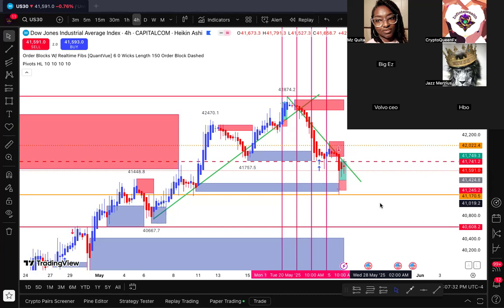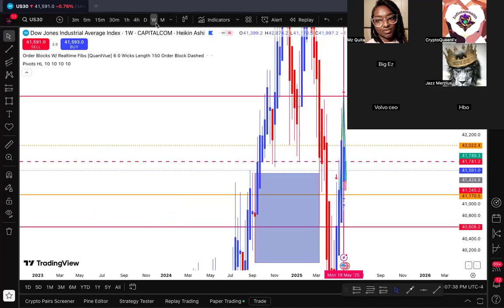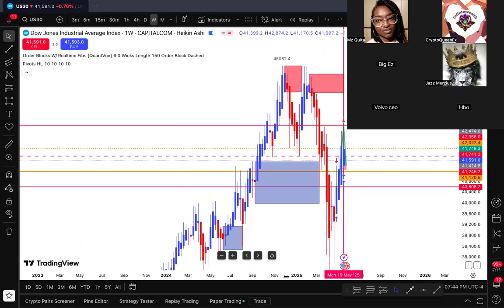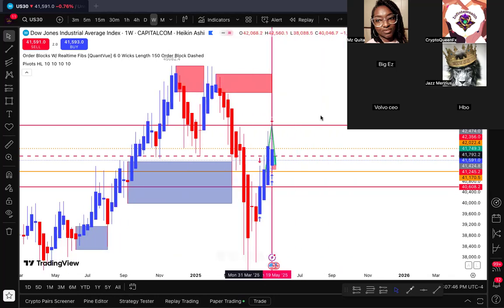I'm only looking at the levels. Once you mark up your week, the reason y'all are marking up the week is so y'all can see the true support and resistance levels.